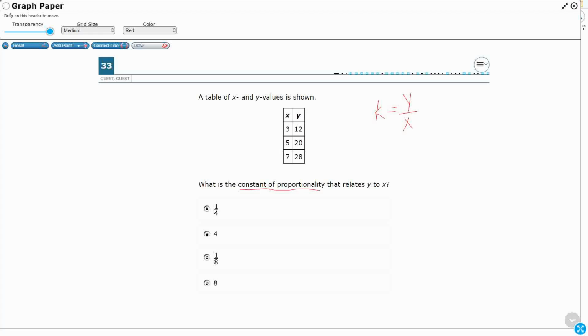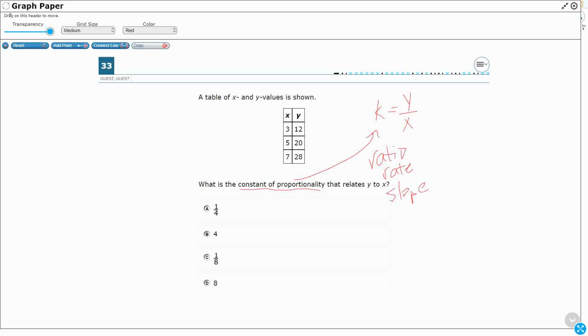So what does that mean? Well, this is our constant of proportionality, and we use that when we're looking for problems that involve a ratio or a rate. It could possibly be something where we are looking for a slope if we are going to be graphing something.